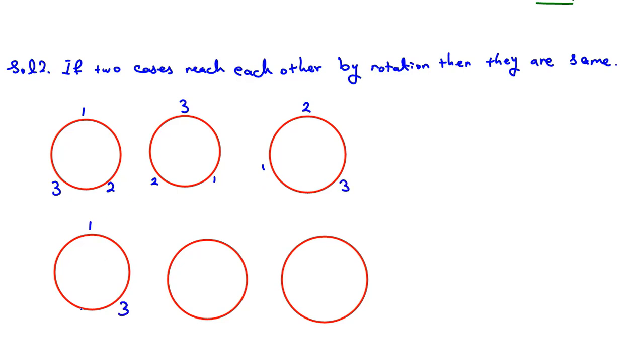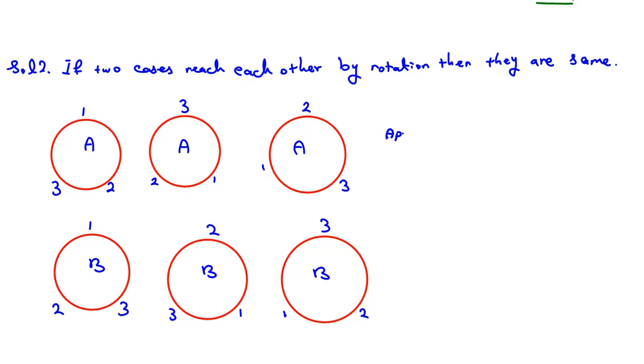And also 1, 3, 2, 1, 3, 2, and 1, 3, 2. So this case is A. They reach each other by rotation, but you can't reach from A to B. So the answer is 2 for three elements.